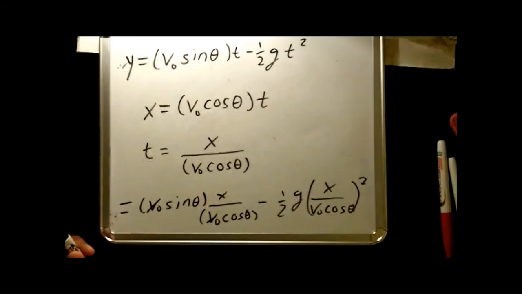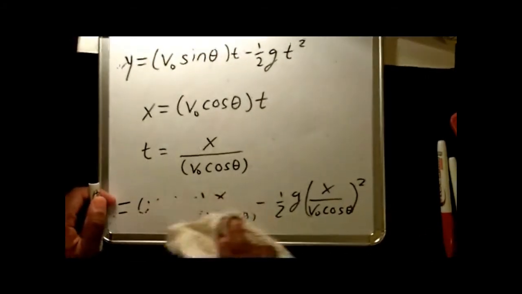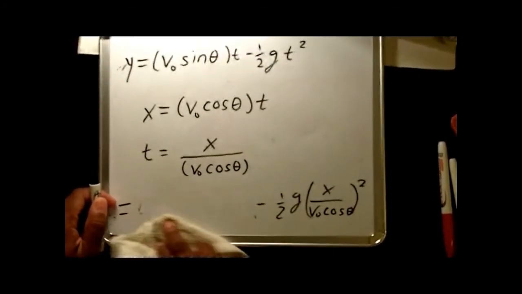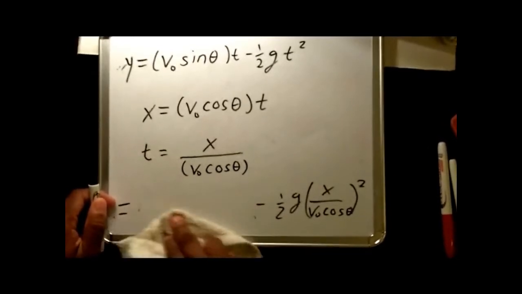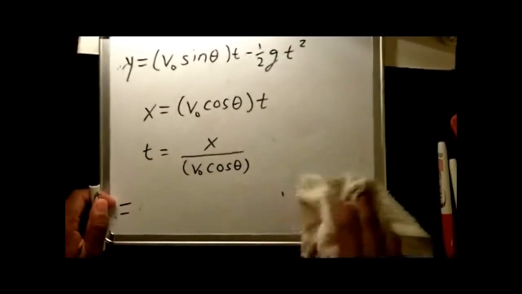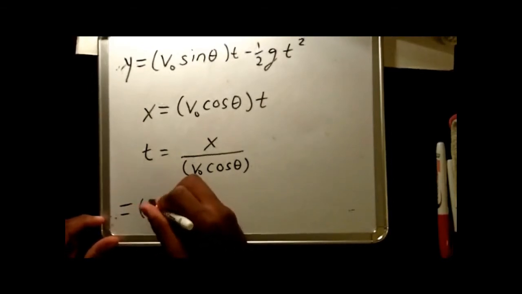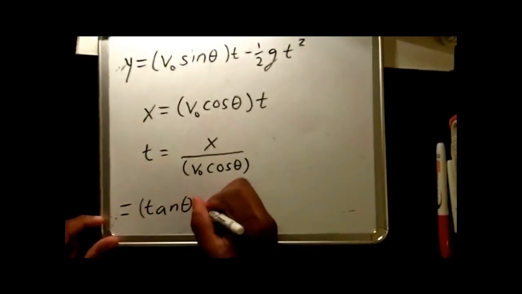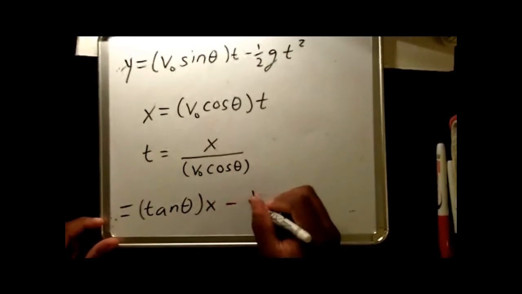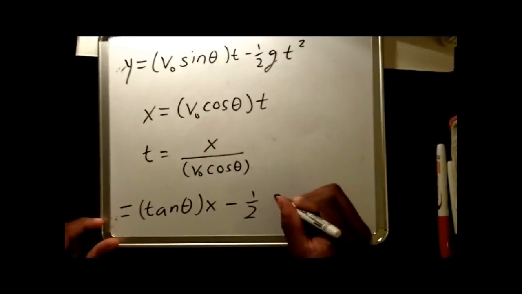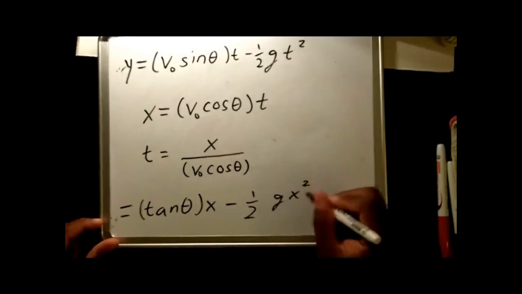So we can rewrite the whole thing to this: tangent of that angle times x minus 1/2 gravity times x squared.